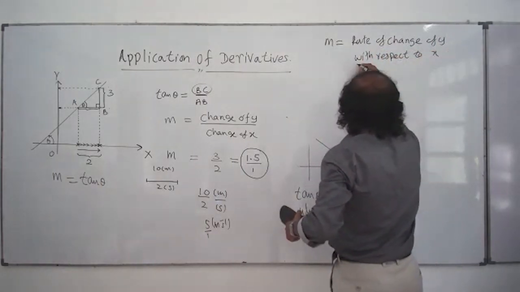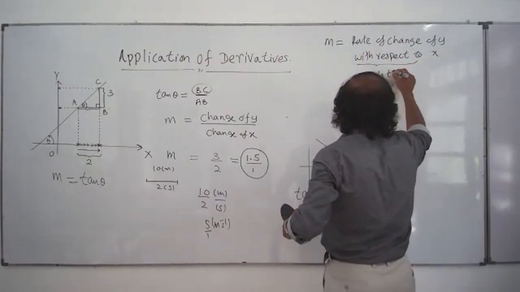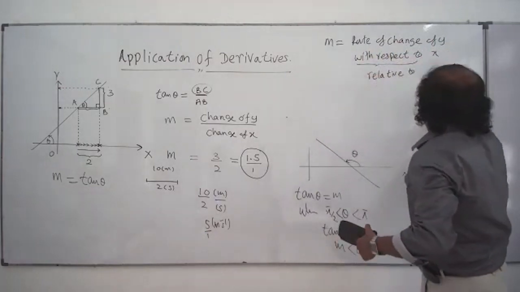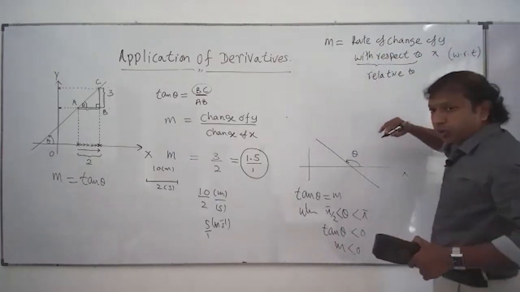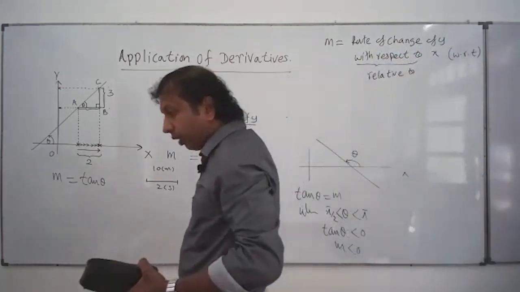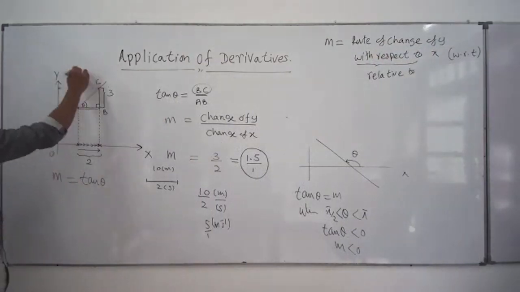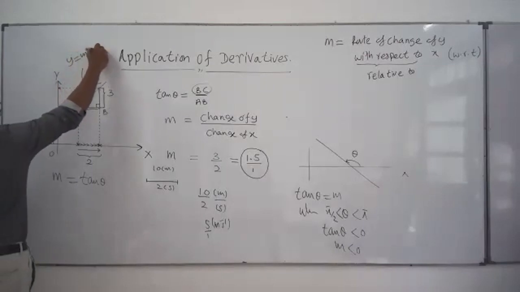This with respect to x means we can use relative to x. Sometimes the sentence with respect to we abbreviate as w.r.t. like this. Okay, right.